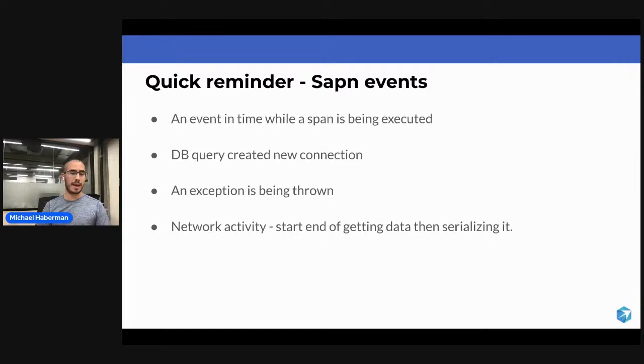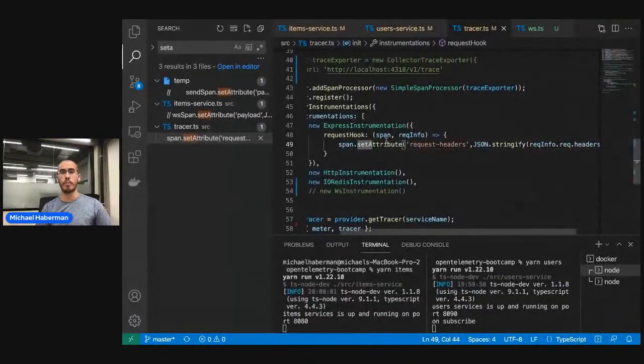So maybe you have a network activity which take a long time, and usually network activity you have two phases, even three phases: having a connection, downloading the data, and then deserializing it, or deserializing it and then send it. So if you want to have those events, you can add it yourself and then have the understanding how long things happen within the specific event.